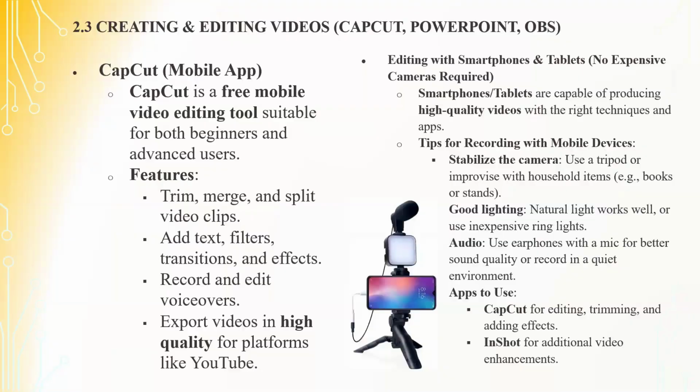The other tool that we need to demonstrate is CapCut. You've seen learners shooting video using their camera, accompanied with external microphones. But the big challenge is editing the video.